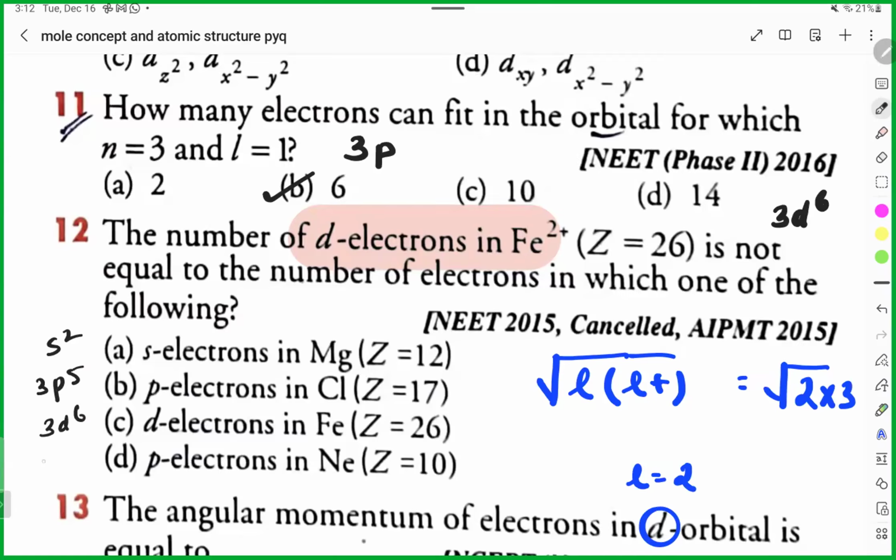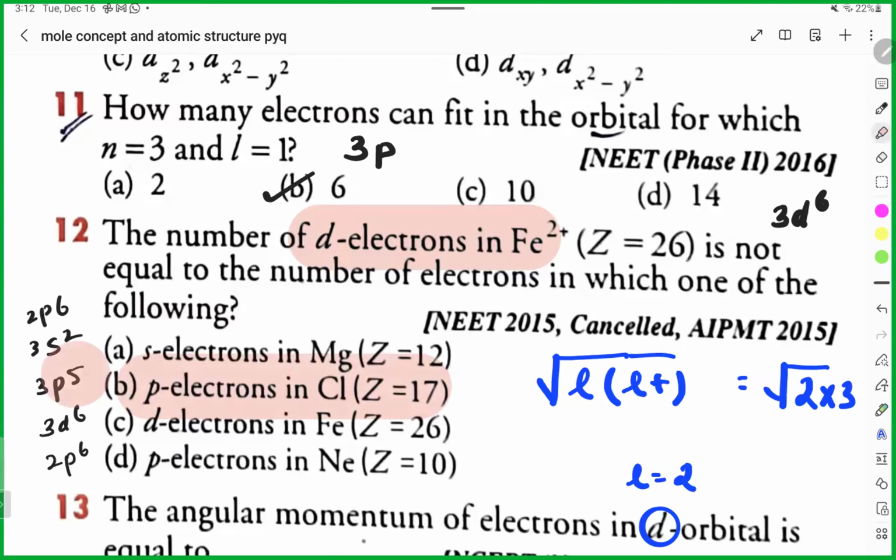P electron in neon, 2p6. Even here, for example, if it is 3s2, it will be like 2p6, 3s2, which is not equal. Second, chlorine.